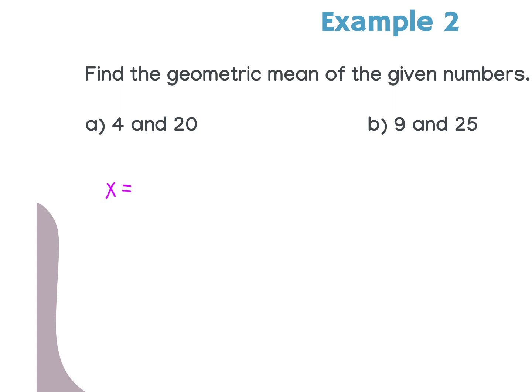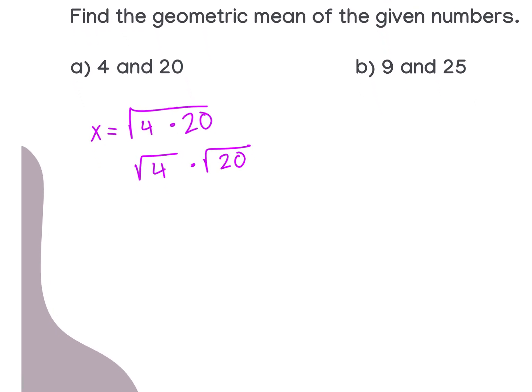X is going to equal the square root of 4 times 20. Either you could write it this way, or you can write it as most of the students have liked writing it separate, the square root of 4 times the square root of 20. And then are any of these perfect roots? Yes, which one? 4 is going to give me a 2.